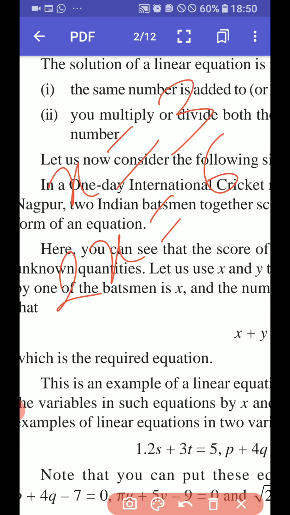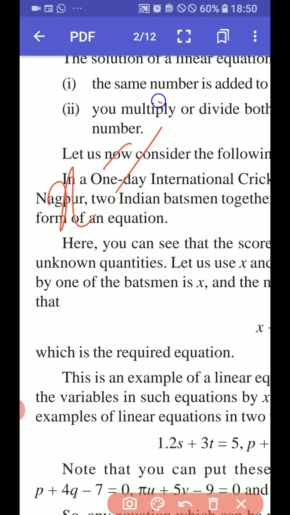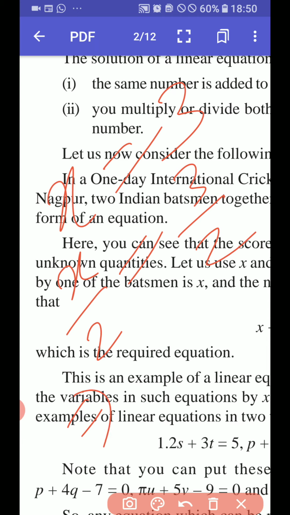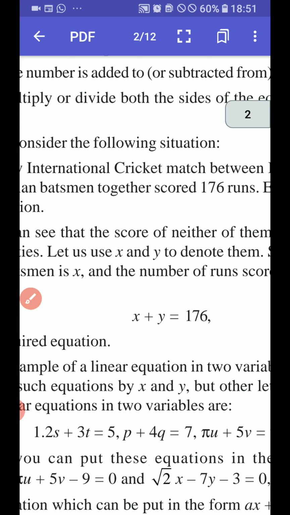It will never get affected. If you divide this equation by any non-zero number, let us suppose you divide x by 2 and 3 by 2, after solving this one you will also get x equal to 3.